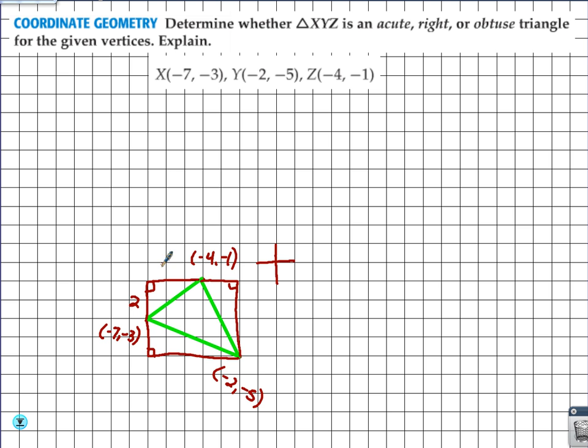To find our first leg, we'll do this one first. Let's do it in our head. a squared plus b squared is equal to c squared. Your a and b are 2 and 3.